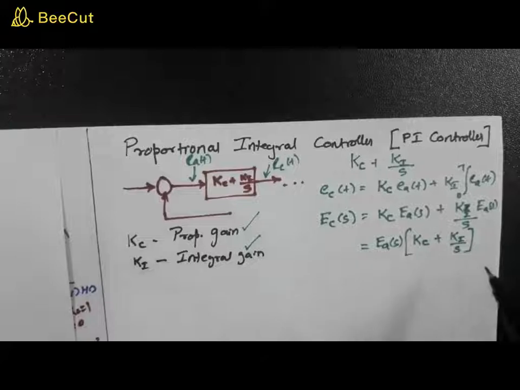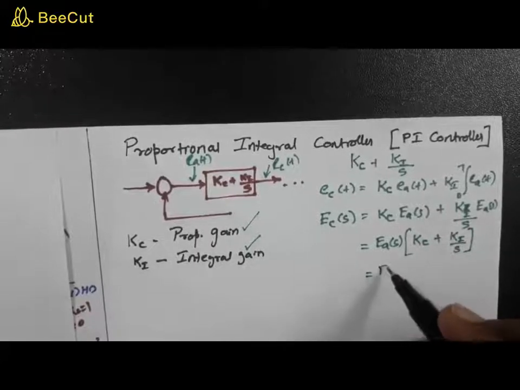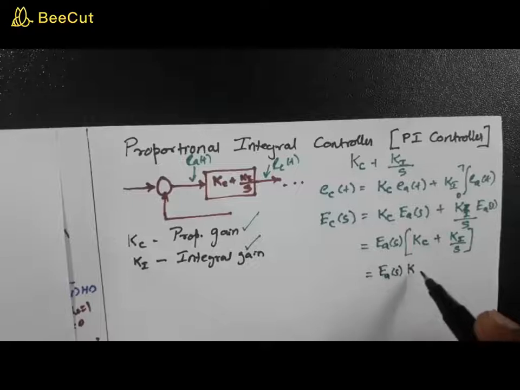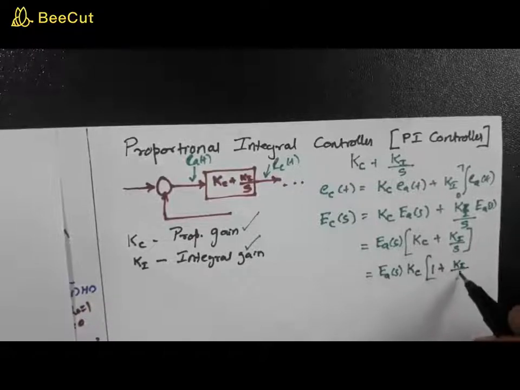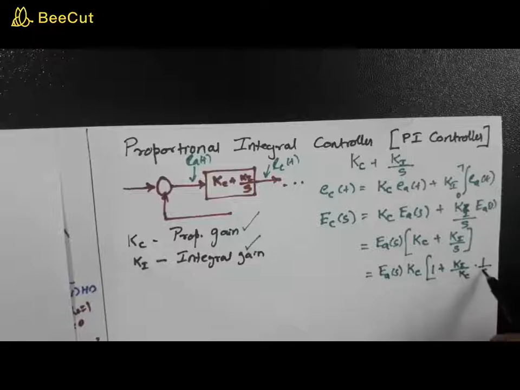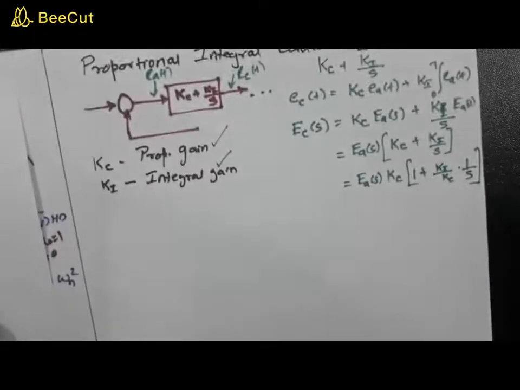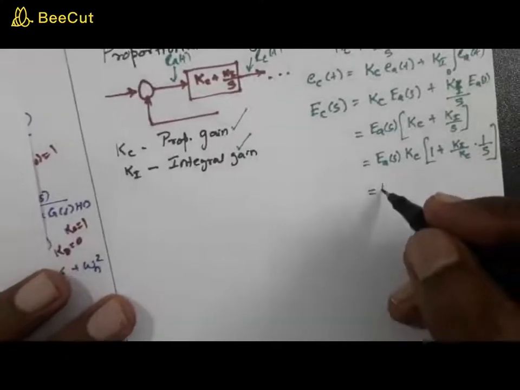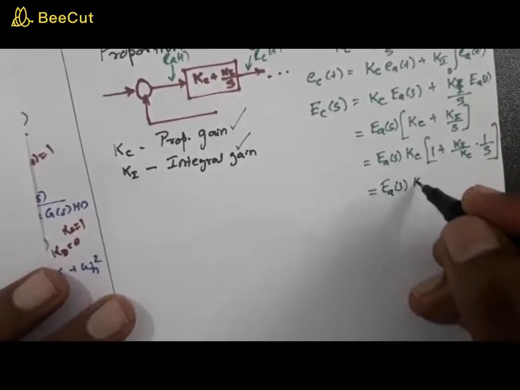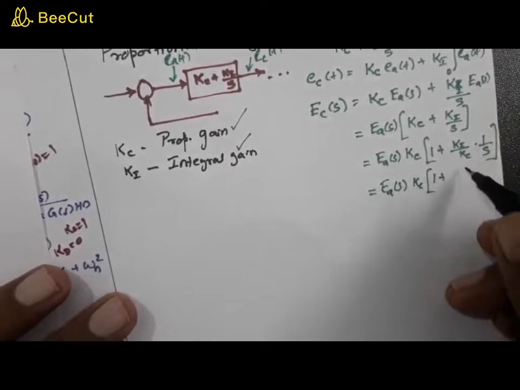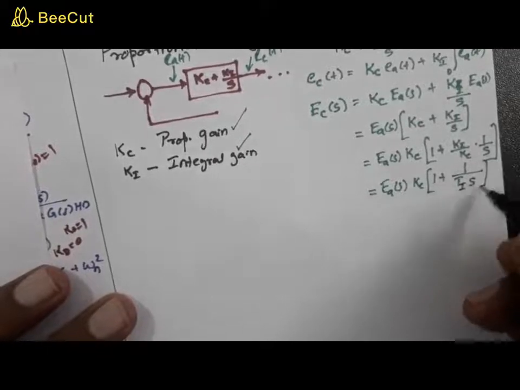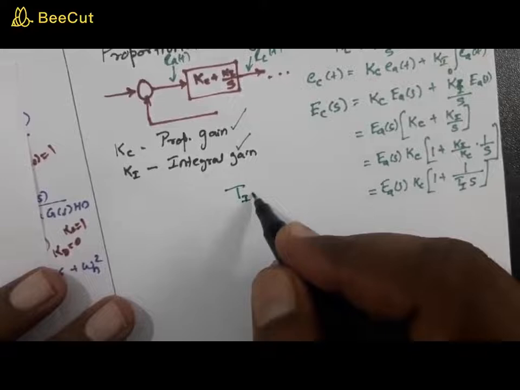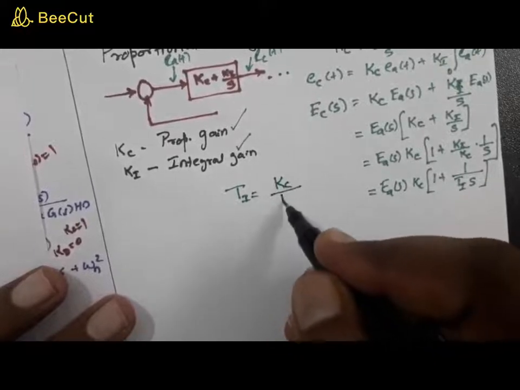Now you can have another manipulation like this: EA of S into Kc. You can take the Kc outside, so that this becomes 1 plus Ki by Kc into 1 by S. So this becomes EA of S into Kc into 1 plus 1 by Ti S, where Ti is defined as Kc by Ki.